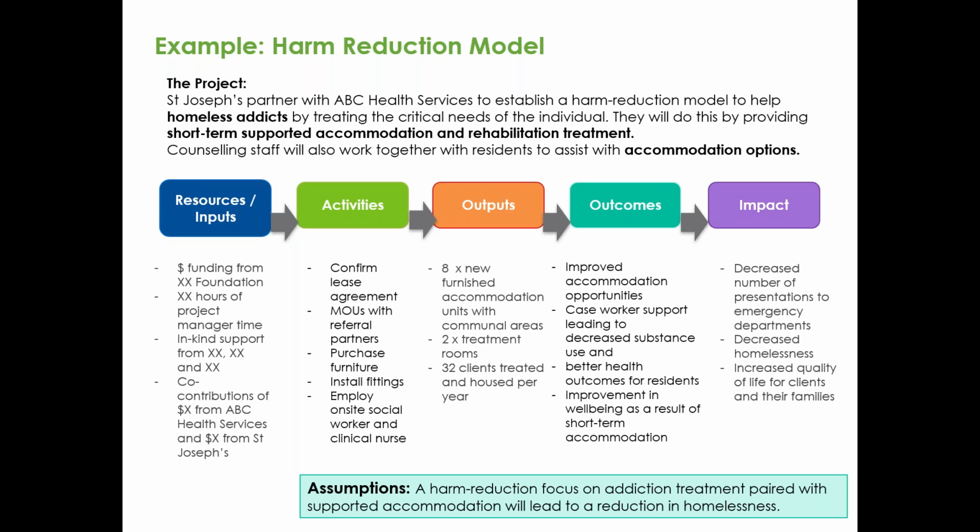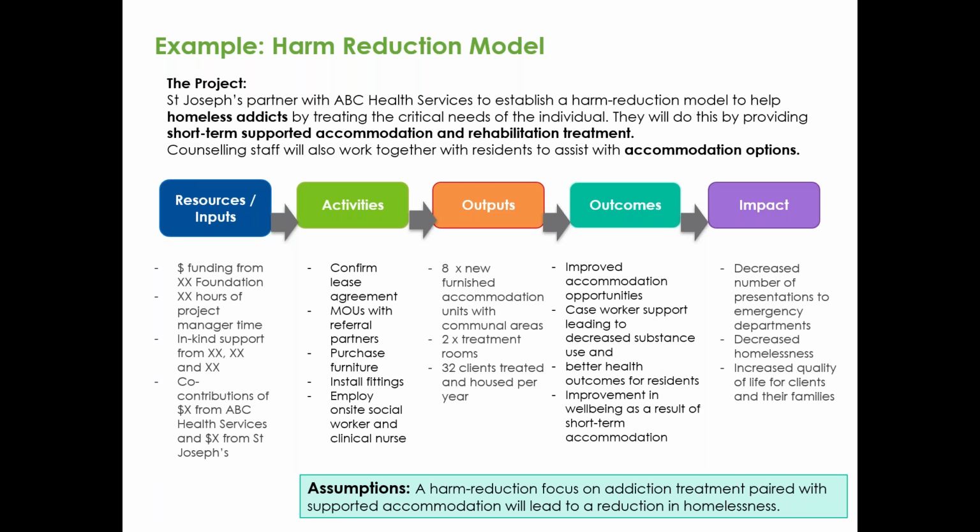We might have land or a building or something donated to us from government or another provider, etc. The activities might include things like confirming lease agreements, putting our memorandum of understanding in place with our referral partners and establishing our referral pathway models. We might have to do some mundane stuff like purchase furniture and equipment and, of course, employ people.